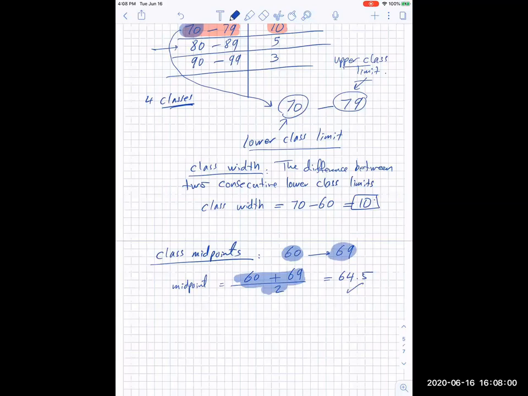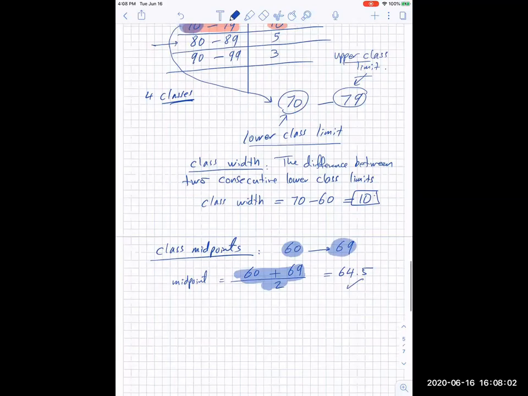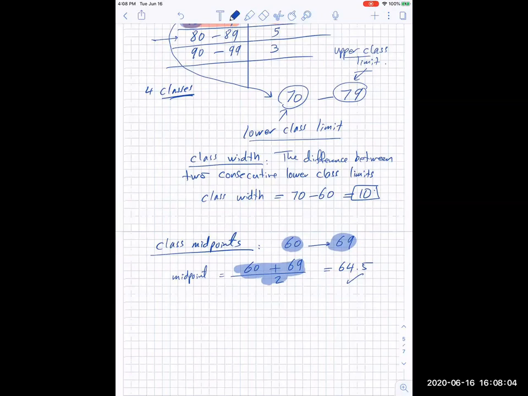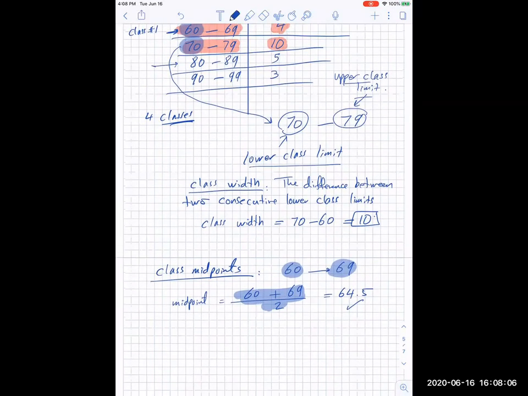And each class has its midpoint. So what are the class midpoints that I have in this table? I have 64.5, that's the midpoint of the first class. What is the midpoint for the next class? It is 74.5, halfway between 70 and 79.